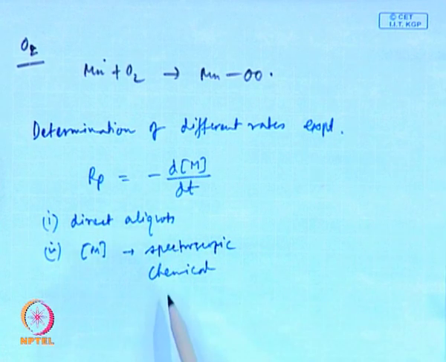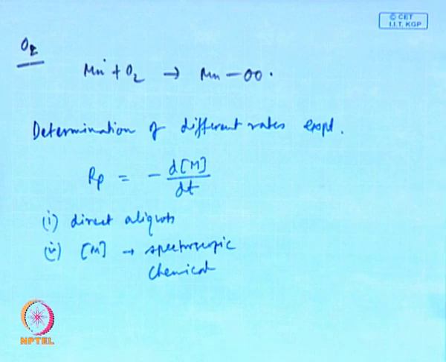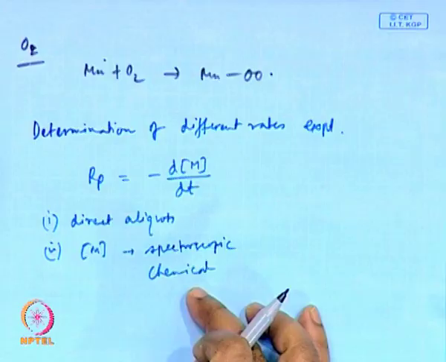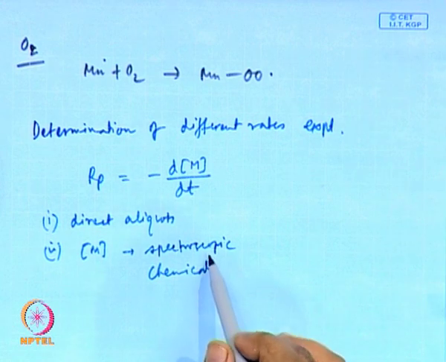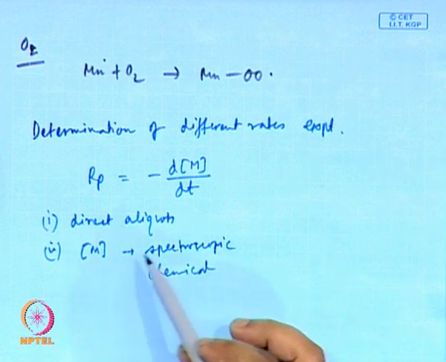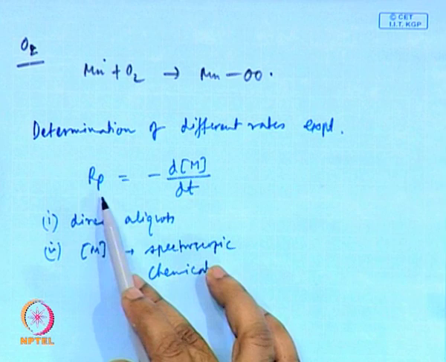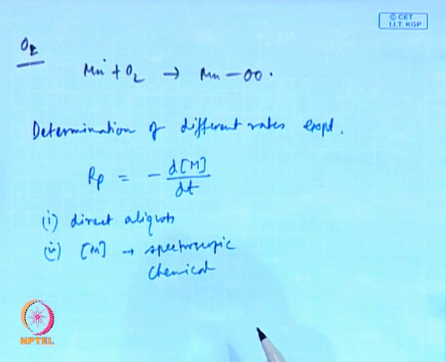It can be applied not only for radical polymerization; these experiments can be done for step polymerization as well, where you can stop the reaction in between and find the functional group concentration. In this case, this is the concentration of monomer molecule. So, from this you can get the value of Rp.